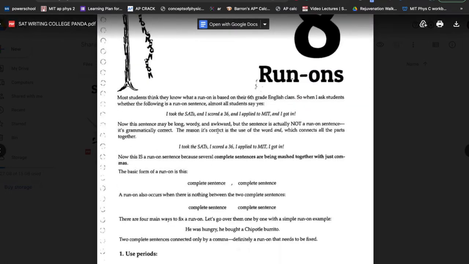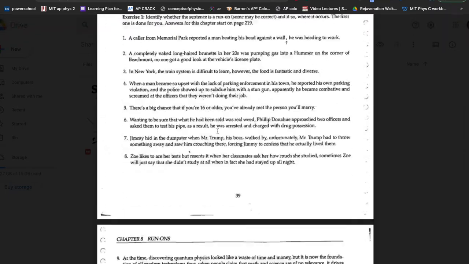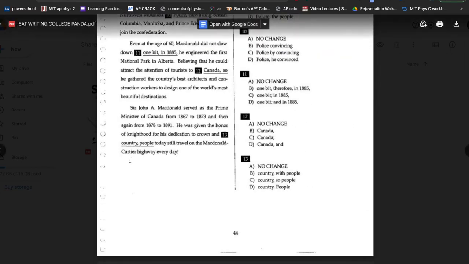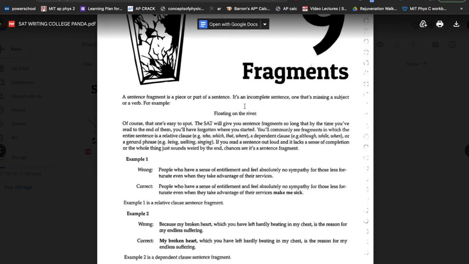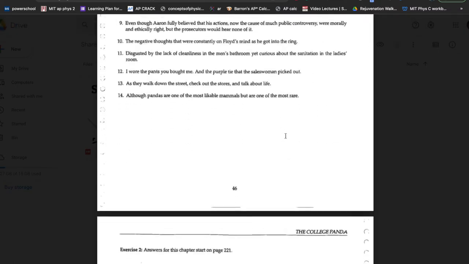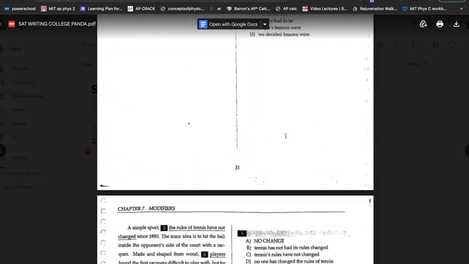And finally, run-on sentences. I think those two will be it. And below that, there are some practice questions. Maybe we can do a bit of that. Fragments kind of go together with run-on, so I might do it if we have time. If not, I'll leave it for next time.